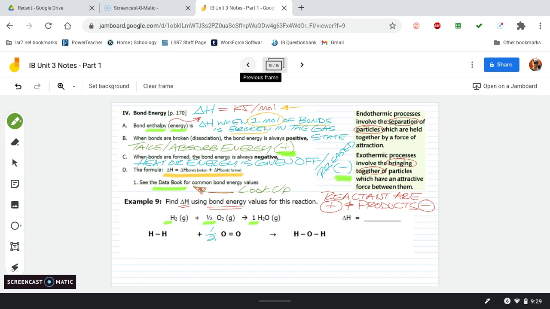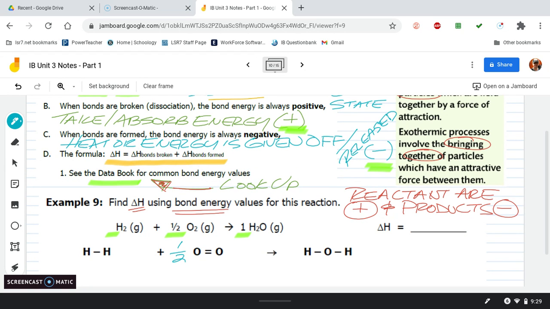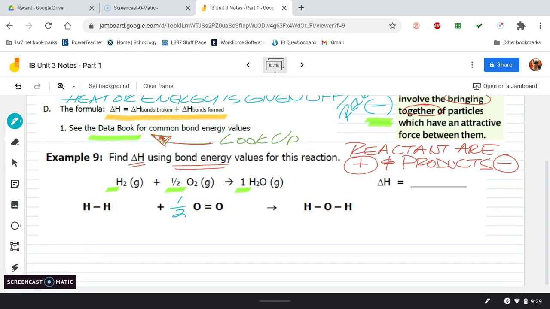So you just look it up and write it down, because remember, the left side is positive because these are reactants. And so I'm going to do 1 times 436. Why am I doing a 1? Because there's a 1 there. I just want you to get in the habit of multiplying by the correct value. So, okay.